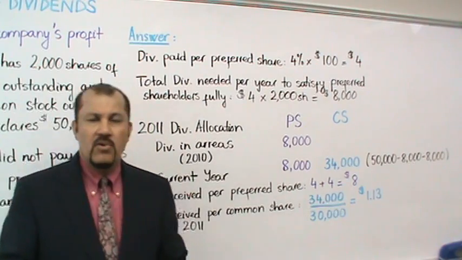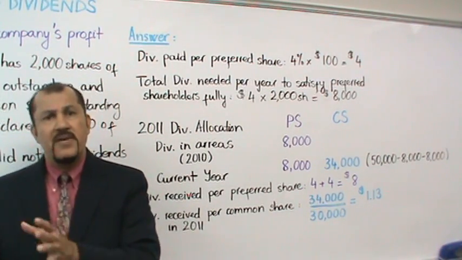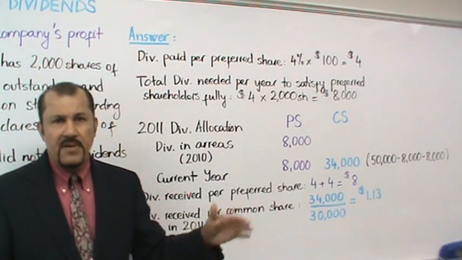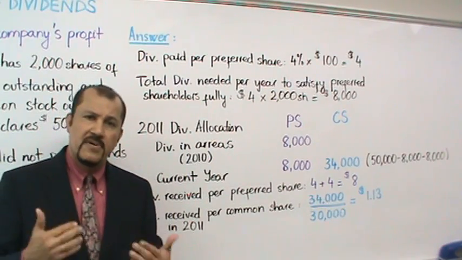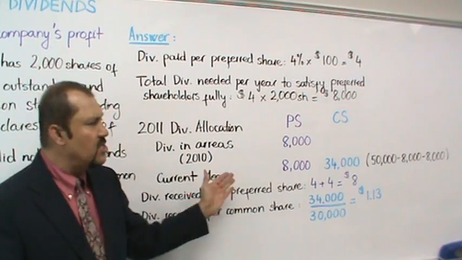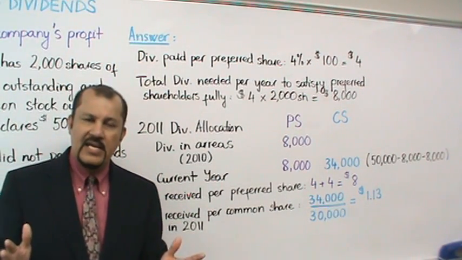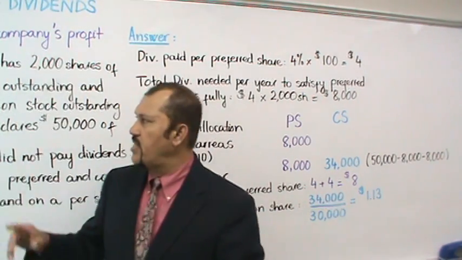Okay? Now, the next part of the question is how much did each group get on a per share basis? Well, the preferred shareholders, in totality, got $16,000. On a per share basis they got $8. The common shareholders, how much did they get on a per share basis? In totality they got $34,000, right? But how many shares of common stock outstanding were there?